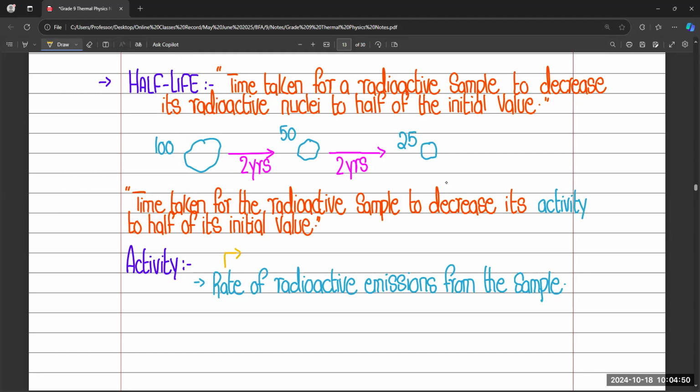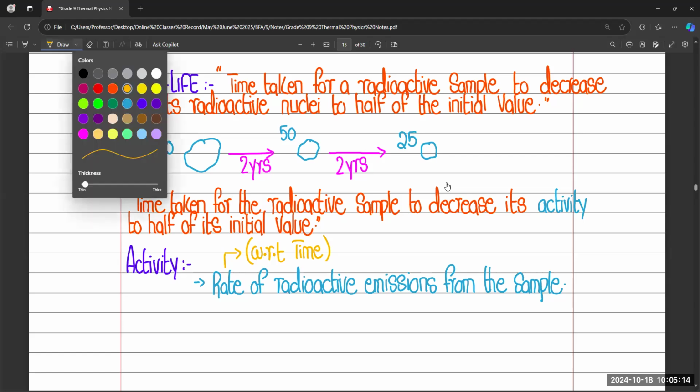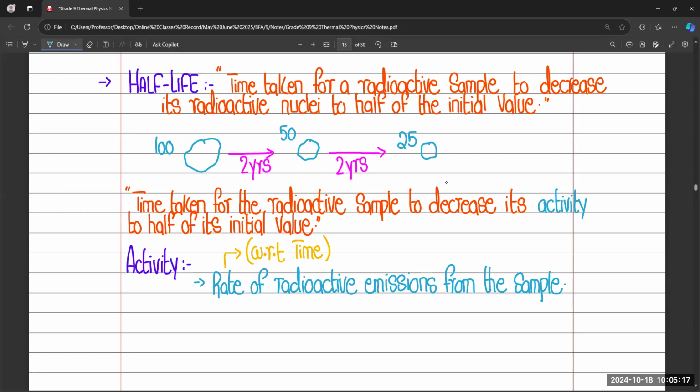In simple words, radioactive emission or the radioactivity process with respect to time for any sample is called activity, right? The full form of WRT is with respect to. In books also, you may find this word WRT. WRT means, in short, with respect to time. Okay.